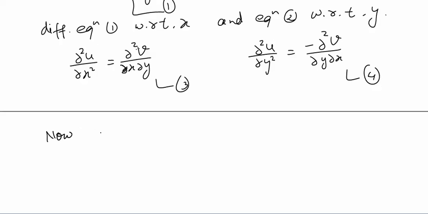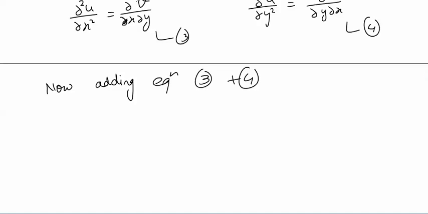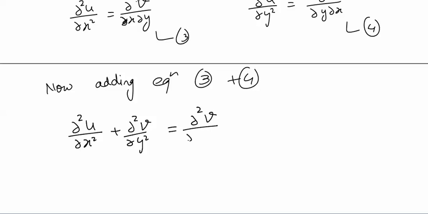Now if I add equations 3 and 4, what am I going to get? On the left hand side, it will become del square u upon del x square plus del square u upon del y square is equal to del square v upon del x del y minus del square v upon del y del x.